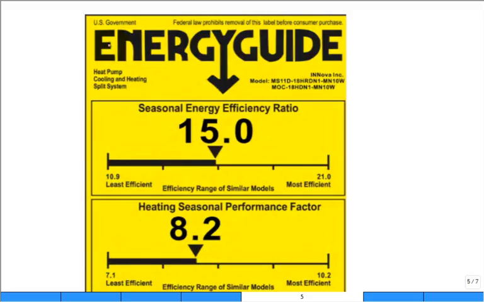You also have energy guide labels. Here is one that is both a heat pump system as well as a traditional vapor compression refrigeration system, so it is for both cooling and heating applications. It's a split system that probably goes in a house, with an outside unit and an indoor unit.